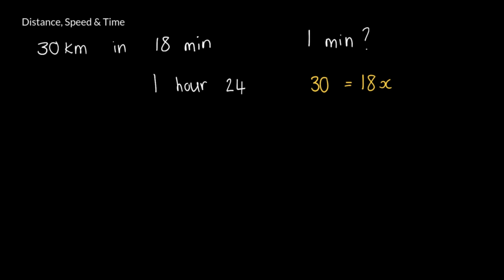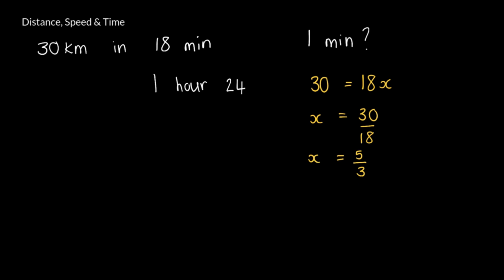So what we're actually trying to solve for here is x, because then that will tell us what 1 minute is. Okay, so in order to isolate x, we're going to divide both sides by 18, and we're going to get x is equal to 30 divided by 18. Okay, which is equal to, if we simplify this, 5 over 3.